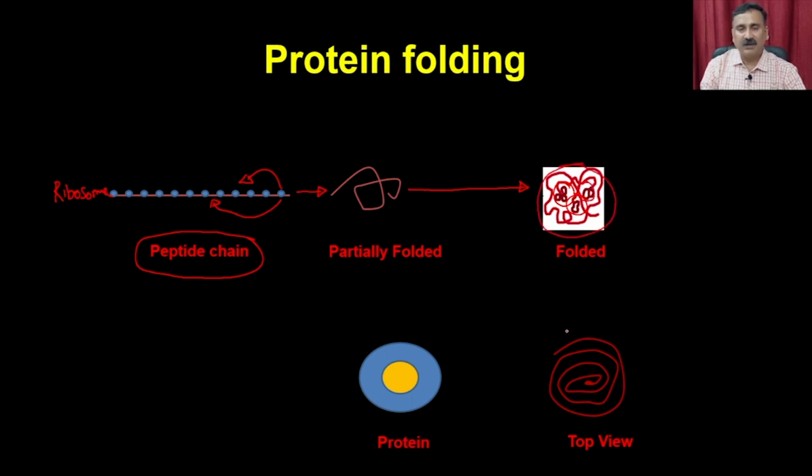If you see this protein from the top, you will see that the amino acids are arranged around a particular center, and that's how all the globular proteins form balls of different sizes. In each ball, the hydrophobic core is present in the center, surrounded by the hydrophilic molecules.